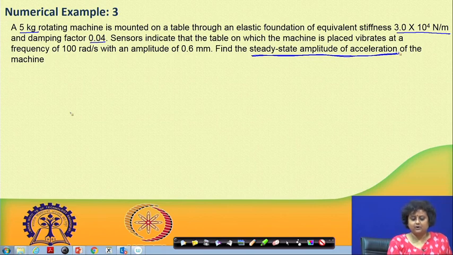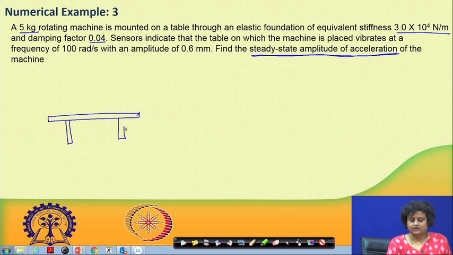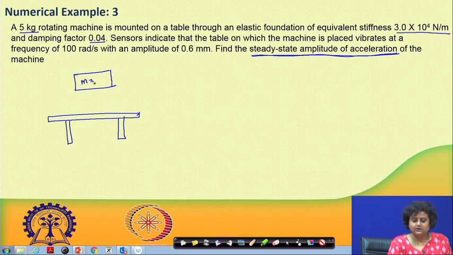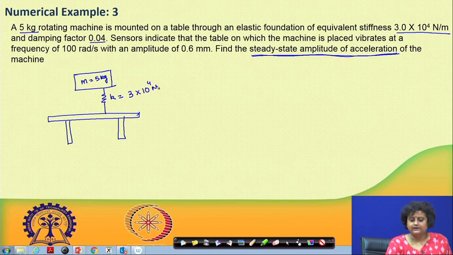Let me summarize the problem. The problem is that there is a table and a rotating machine with mass equal to 5 kg resting on an isolator pad. The isolator pad has a stiffness of K, which is 3 into 10 to the power 4 Newton per meter, and a damping factor. So, there is a damper.